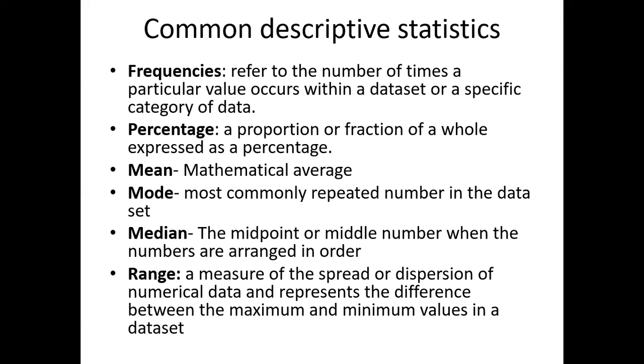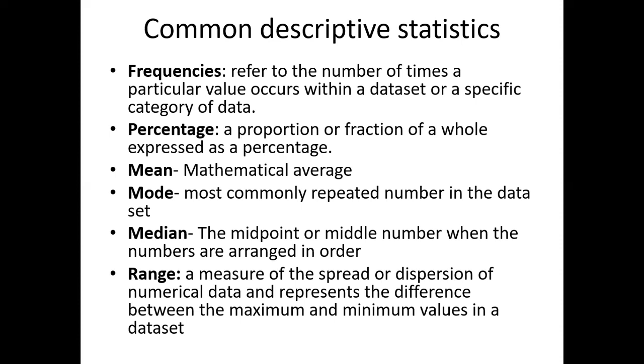Then there is the mean, which is basically the mathematical average of the data set. Now, the mode is mostly the commonly repeated number in the data set. So the number that has occurred a lot of times is the mode. If there is no mode, or if it's an even set, imagine that you have a set of 10, that means that you will not have one that is particularly in the middle, you have two.